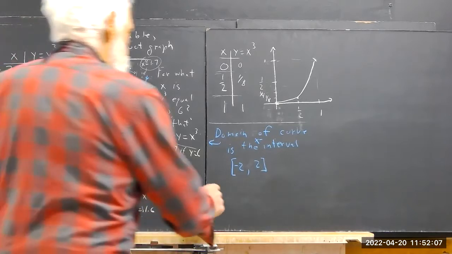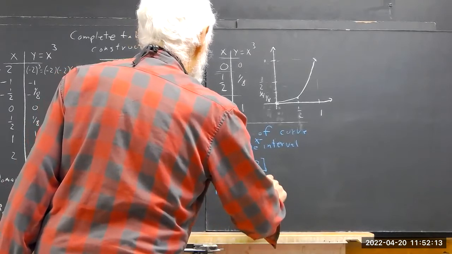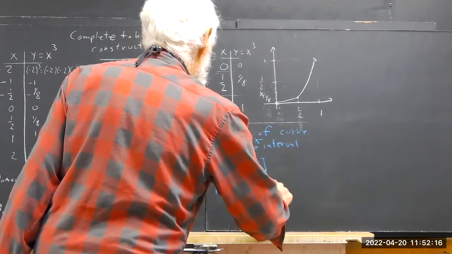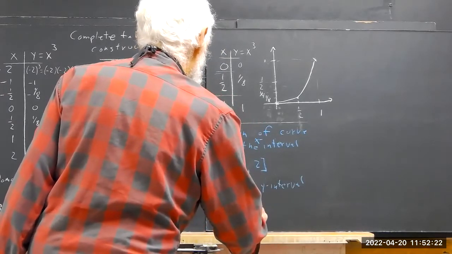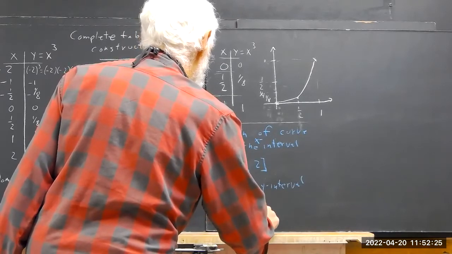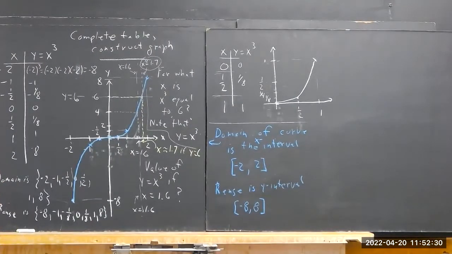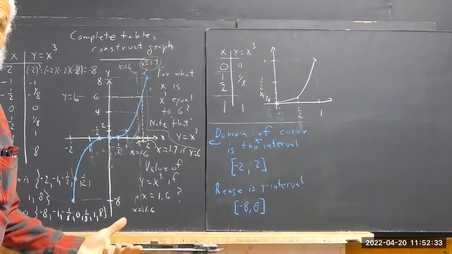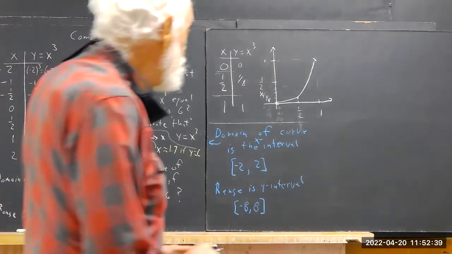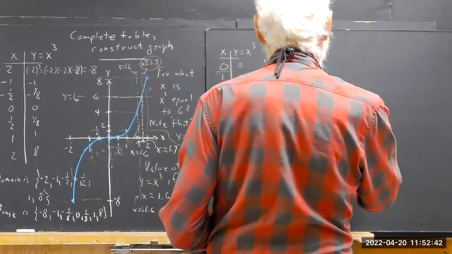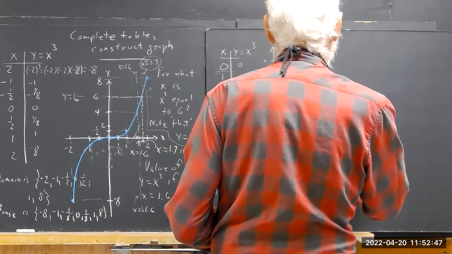In the range is your y values. It's the y interval from -8 to 8. And then the complete function. It's the complete cubing function.